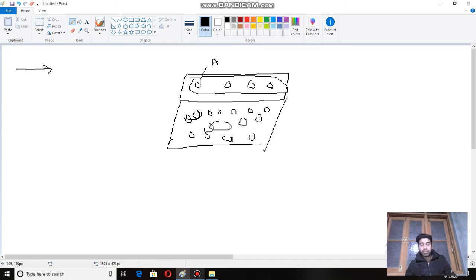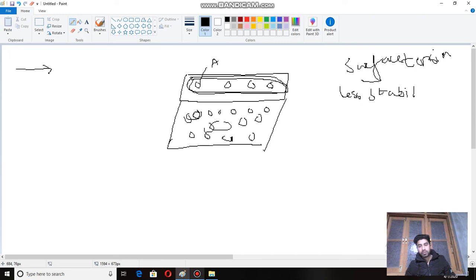For example, you may have heard of surface tension. Higher energy means less stability. So the surface itself is the biggest imperfection in the material. So this surface is always at higher energy than the bulk. Now this is the basic reason, as I said, for many of the properties. One of them is surface tension.